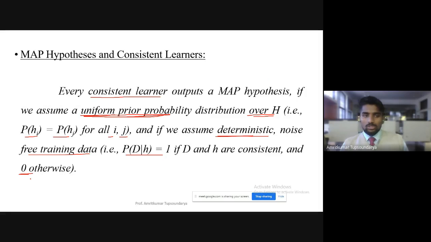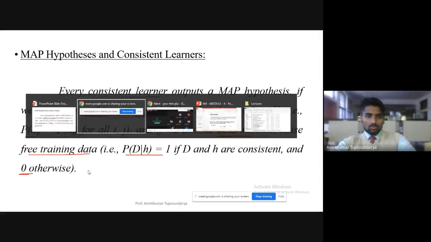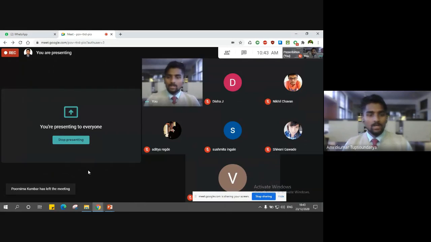So this is all about the Bayes theorem and concept learning, right? The further topics we'll be discussing in the next lecture, but if you have any doubt with respect to what we have discussed today, the session is open for question and answer. If you have any queries, you can ask.